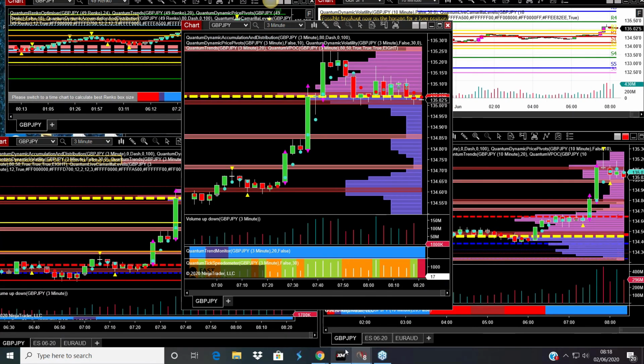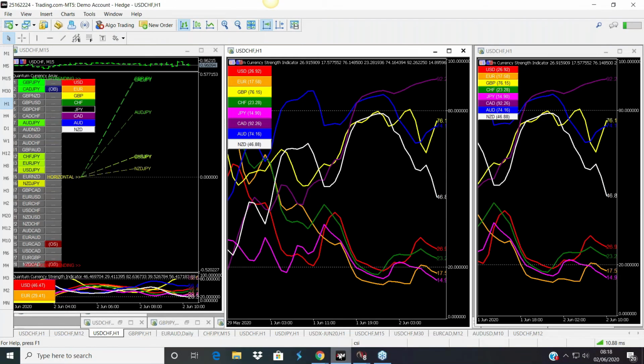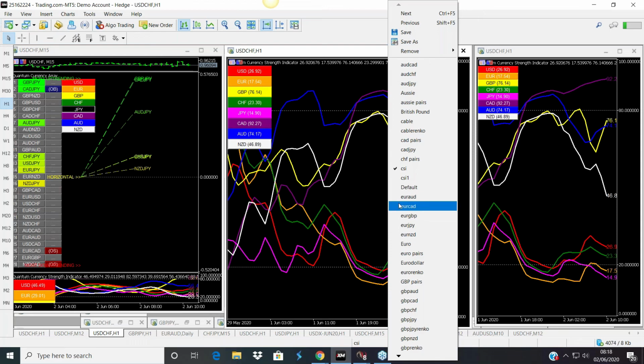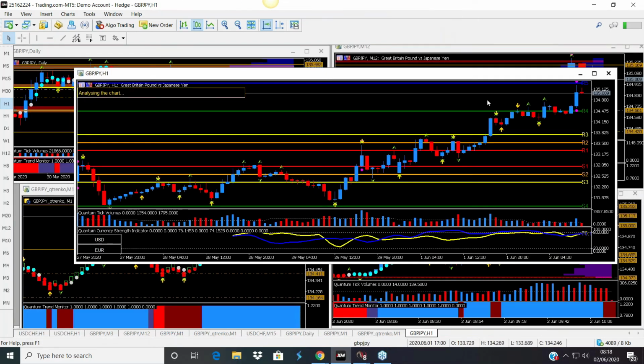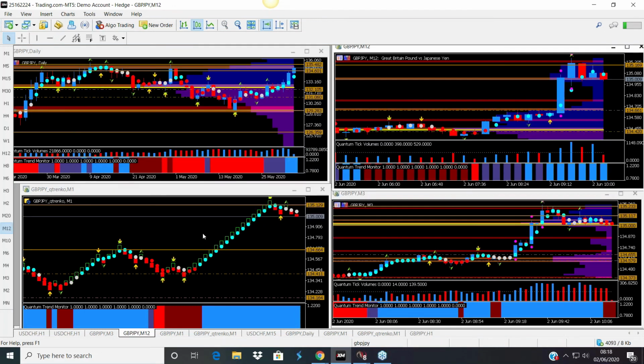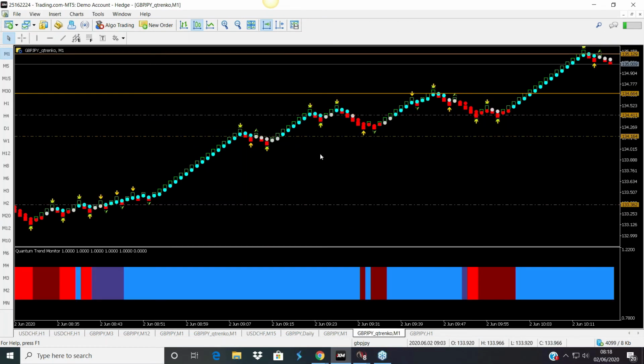And for actual entries, you say, where do I enter? What do I use? David and I suggest you use a non-time-based chart. We have a Renko and we have a tick chart. With the Renko, as we can see here, this is that move higher away from the congestion phase. Obviously, the resistance that we can see on the Camarilla, we know the volume point of control is up at this point on the faster time frame.